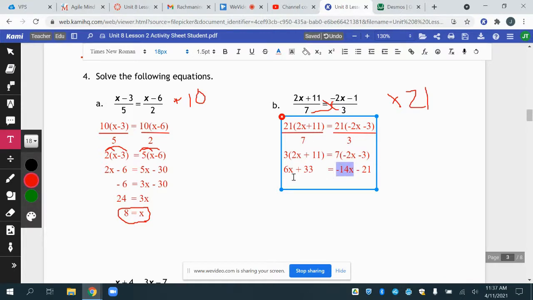That's going to get rid of this, and if I add 14 to this, I get 20. So I'm going to put 20 x's on the left side, plus 33, equals negative 21. Okay, I'm going to get rid of the 33 here. Subtract 33, that's going to make this a bigger number. That's going to make it negative 54.